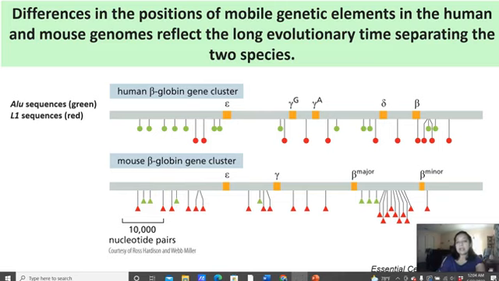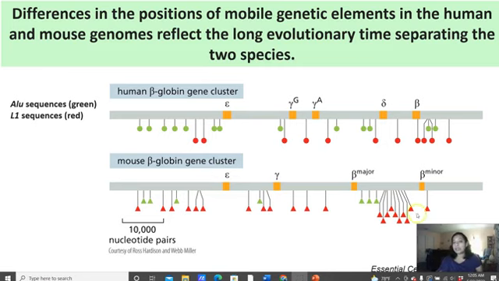So this tells us that those two clusters are arising independently of each other and are inserting in these spaces independent of each other. So they may not be derived from the same original place. Now, having said that, there is some similarity between them. In both cases, while the positions are slightly different, they are avoiding any of these actual gene sequences. So it could be because of natural selection taking care of the ones that end up in there, because that disrupts the gene function, so it dies out over time.